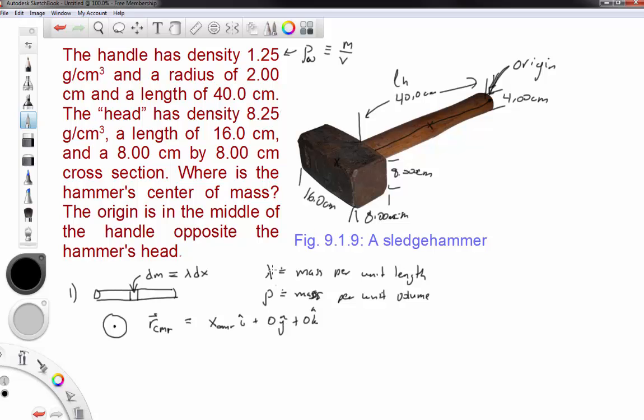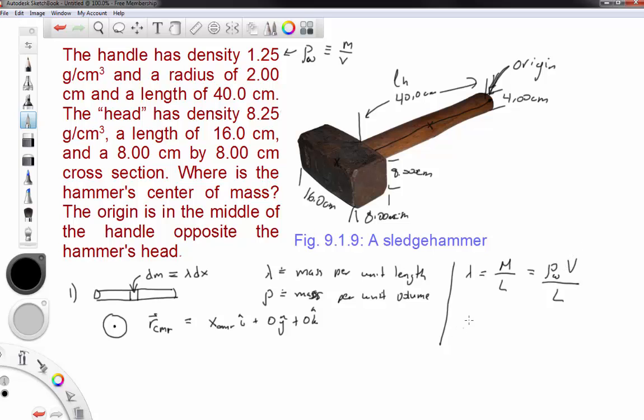Alright, so how do we get the lambda, mass per unit length? Well, one way of doing it is to find the total mass. So lambda is mass over length. So total mass is going to be whatever the mass per unit volume is times the volume divided by the length.